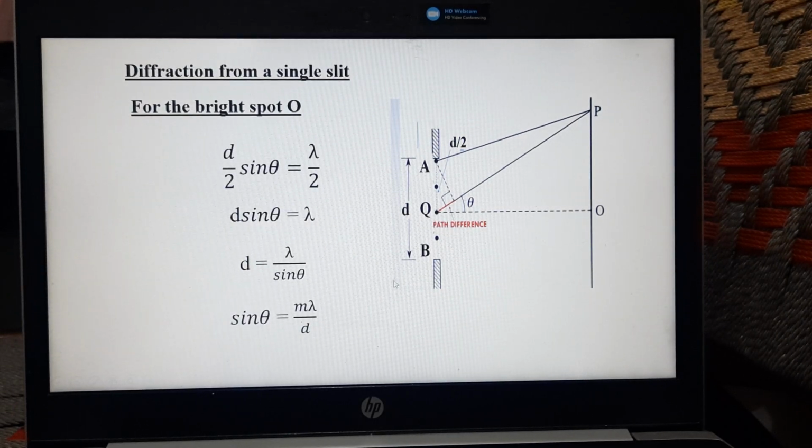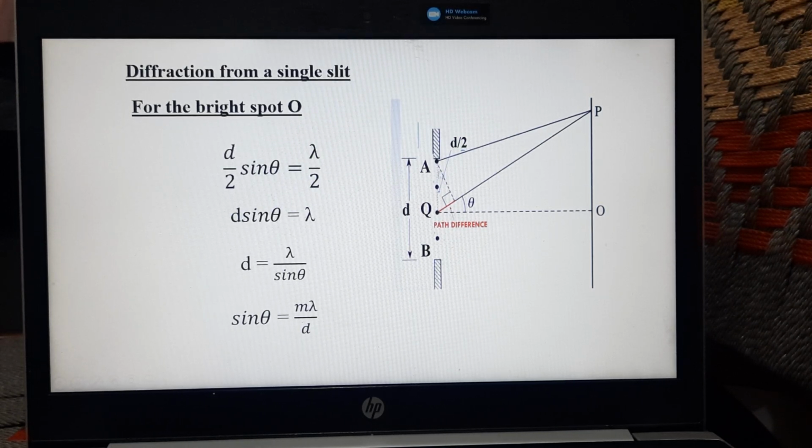Then there is a small important concept about the diffraction of light waves from a single slit. Look, here is a single slit.